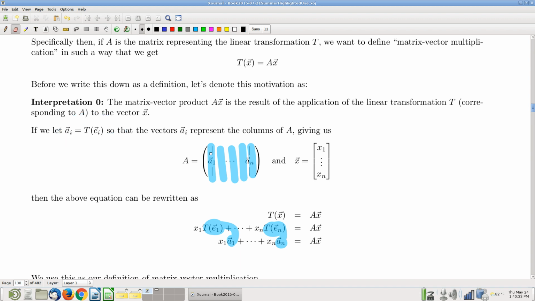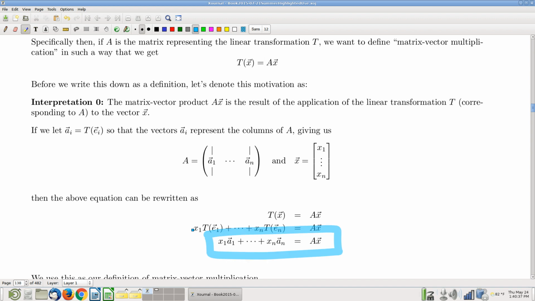And so look what we've ended up with. We have here an explicit formula for how to multiply a matrix times a vector. If you want to multiply a matrix times a vector, you're going to take a linear combination of these a vectors. And don't forget, the a vectors are the column vectors.